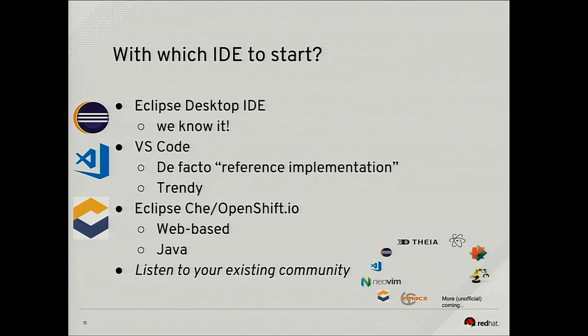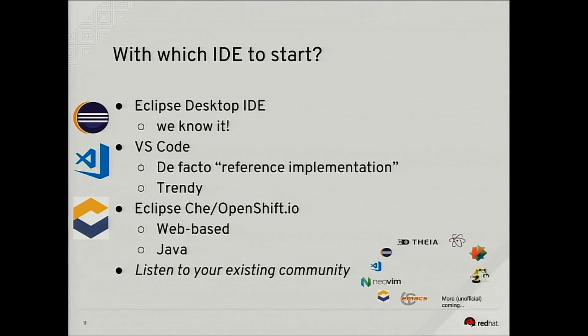We also chose to provide it in Eclipse Che because it is web-based, very important for communication and to convince product management to have something working both in desktop and in web.